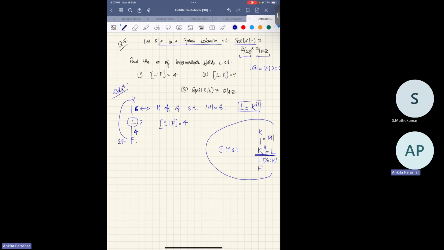This at least we know. Now, if we try to know the intermediate fields for this, maybe I'll write a statement.